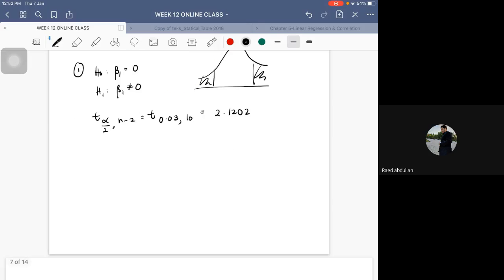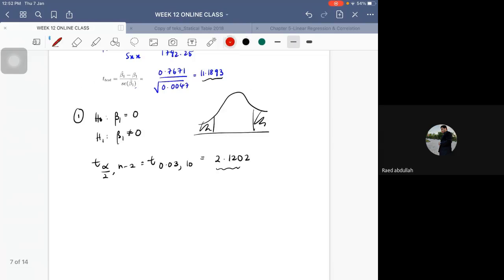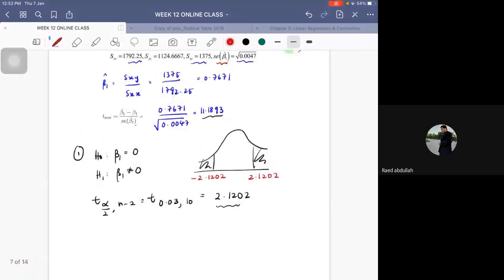Now I already have the critical value, that is 2.1202. Because this is a two-tailed test, on the right hand side I'm going to have a positive of this value, 2.1202, and on the other side I'm going to have negative 2.1202. When I compare with this value, what does it fall into? Does it fall into the rejection region or acceptance region?